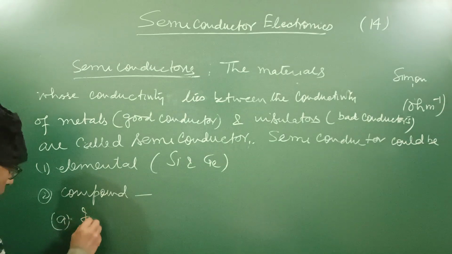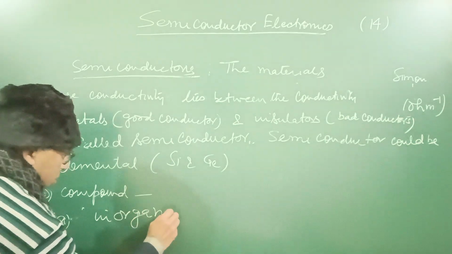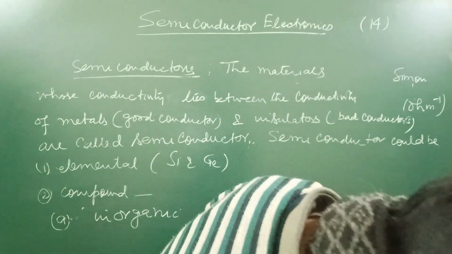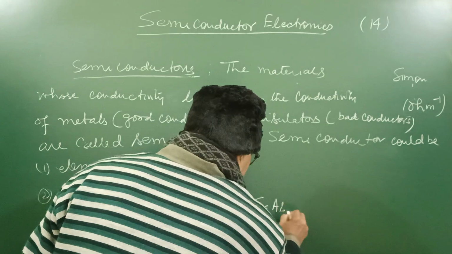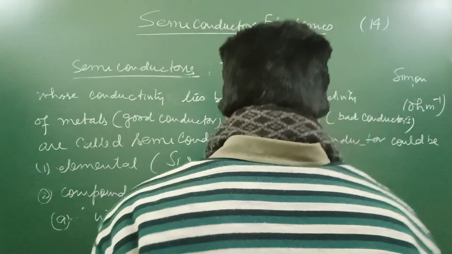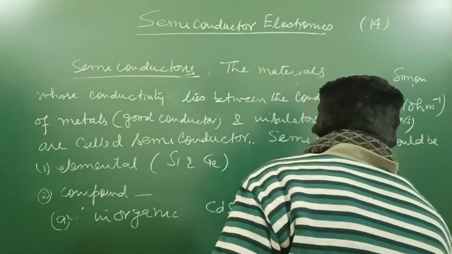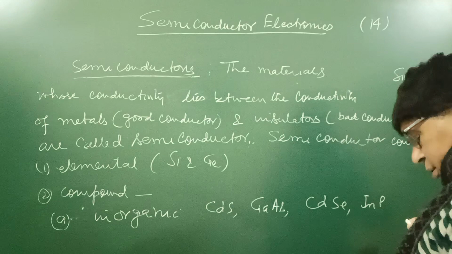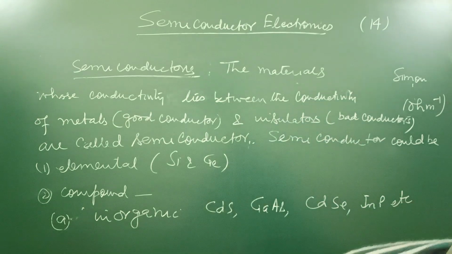Compounds are organic, sorry, first of all, inorganic, like cadmium sulfide, gallium arsenide, and cadmium selenide, etc. So these are inorganic.